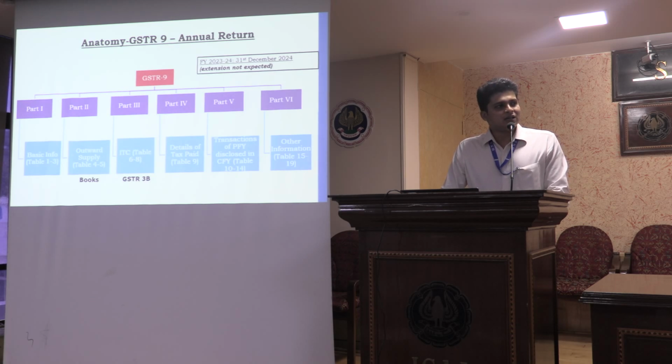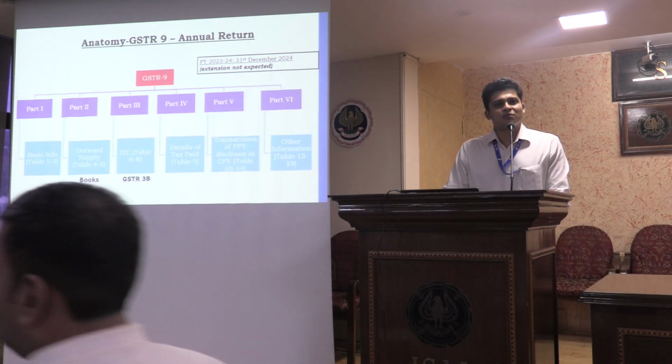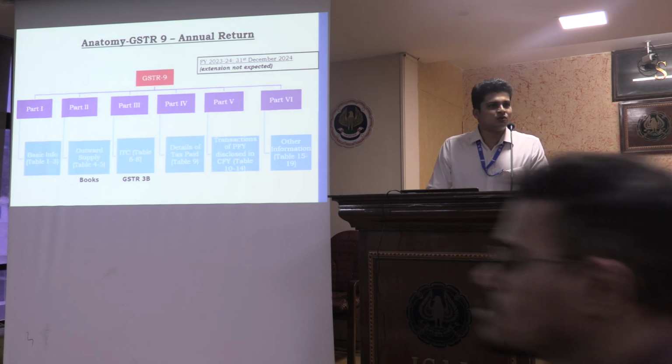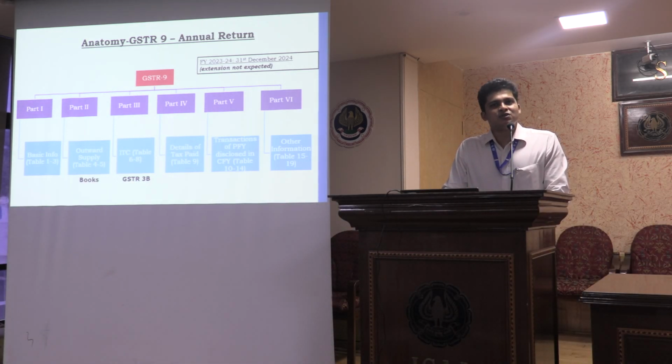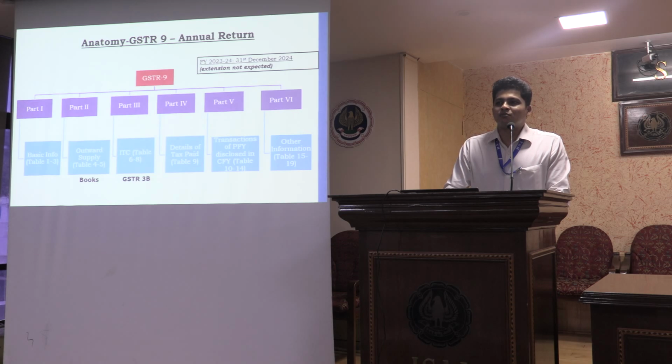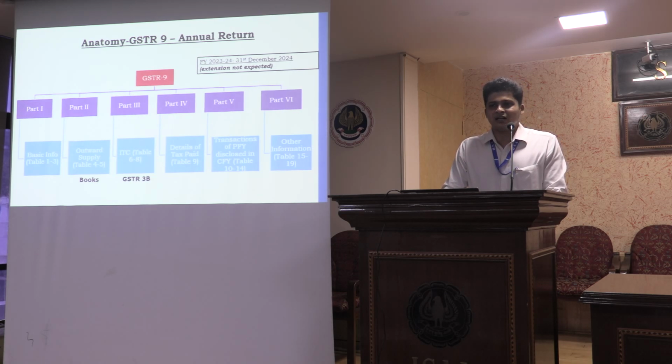The requirement here in 2017-18, when the form came out, was that the data is supposed to be auto-populated based on returns filed. Whatever you had filed from July 17 to March 18 was supposed to be auto-populated and disclosed in GSTR 9. There was no option to amend initially.